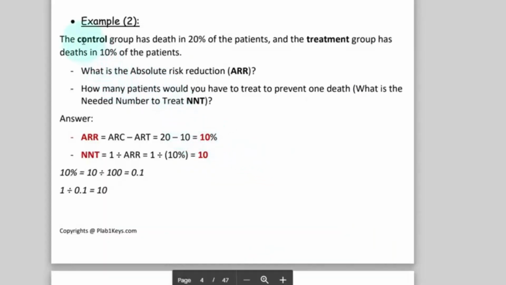Now here is the example. How can you know that a drug or a test has absolute risk reduction? Usually it's a drug. Absolute risk reduction caused by a drug.